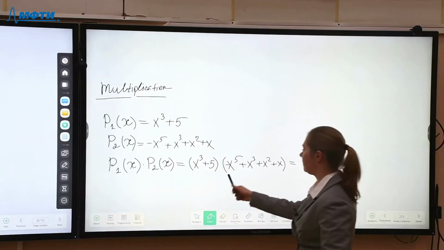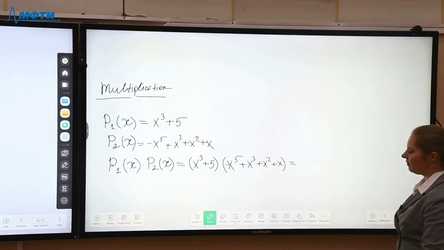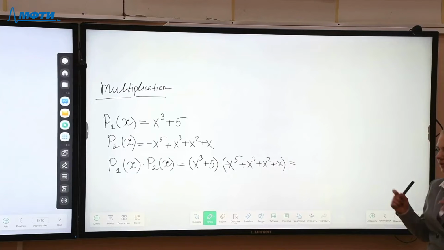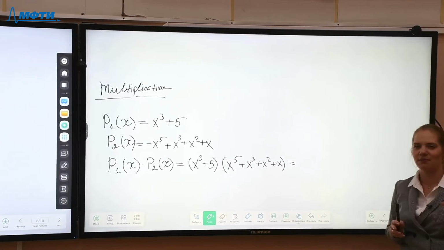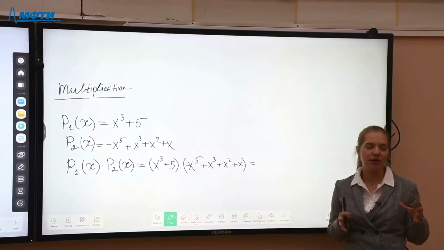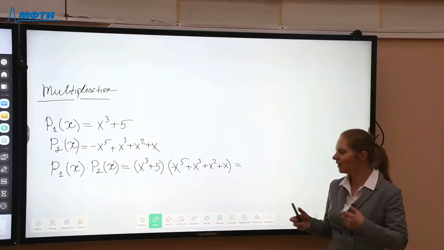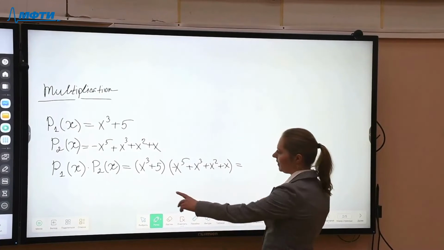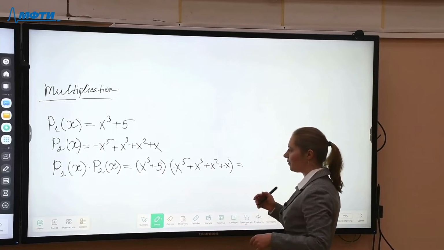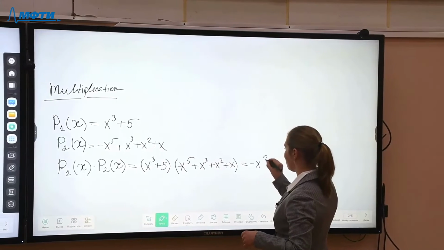Then we need to multiply each term by each term, and we need to remember that when we multiply two monomials, we need to multiply their coefficients and sum their powers. So what do we have here? x cubed by minus x to the power of 5 is minus x to the power of 8.